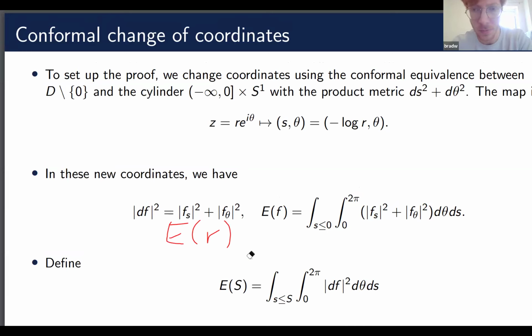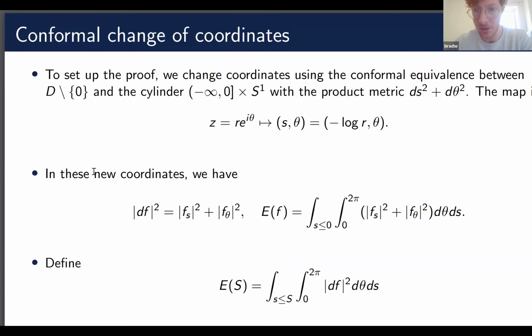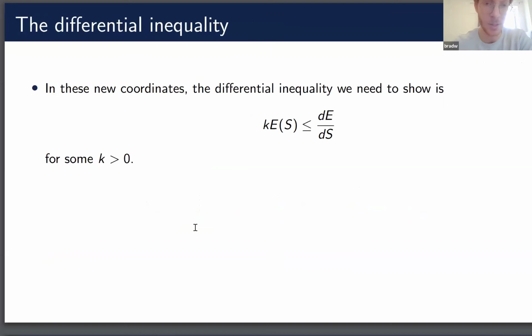Essentially the idea of this is that scaling, like dilation, is replaced by translation. So it's just a bit easier to work with. All right. So if we change the coordinates on our differential inequality, we lose the factor of r here because that's taken care of by the logarithm, and we just need to prove this. So we're looking to find a k so that this is true.